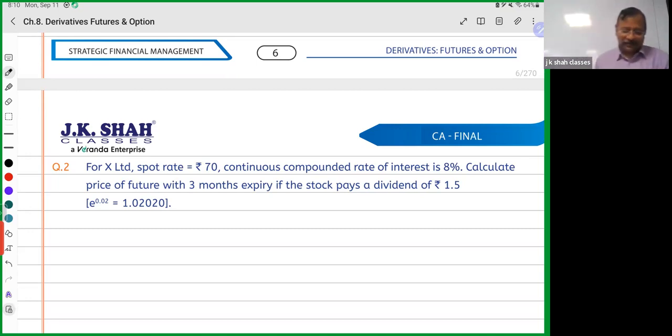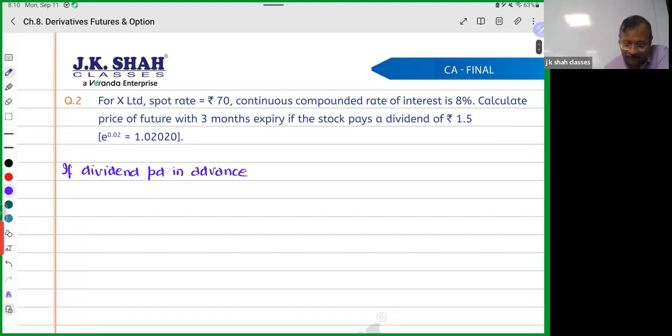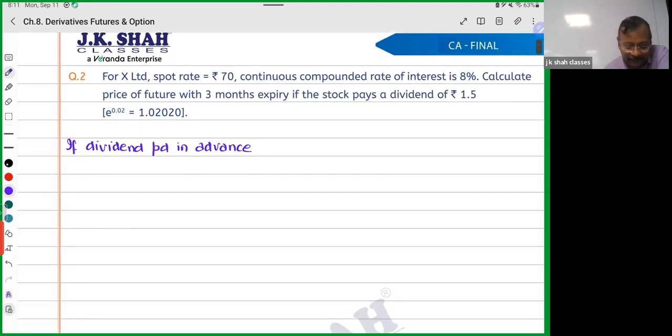Right? So let us say dividend paid in advance. Advance means at the beginning. Okay, chalo, what will happen? Future price should be spot.